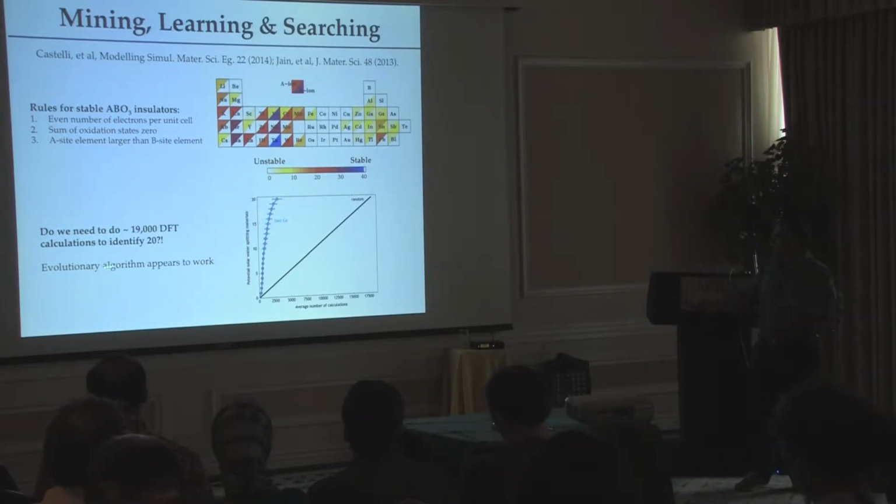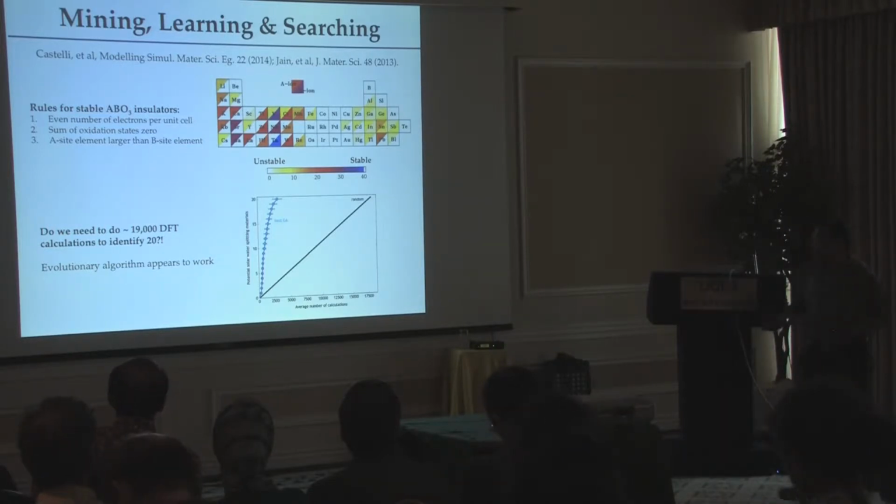So they used an evolutionary algorithm, and they were able to show that, sure, if you were to randomly pick cases until 20 hits are done, it takes you pretty much 19,000. But the best genetic algorithm that they were able to tune was able to get to the 20 results in like 3,000 or so DFT calculations.